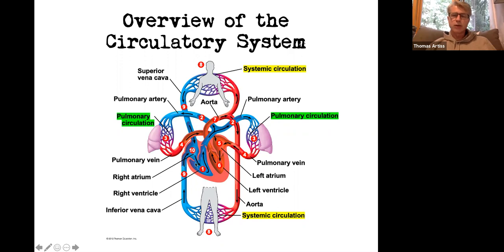starts again. So again, very quickly, deoxygenated blood goes from right atrium to right ventricle, out through the pulmonary arteries to the lungs. Gas exchange happens, so we now have oxygenated blood.